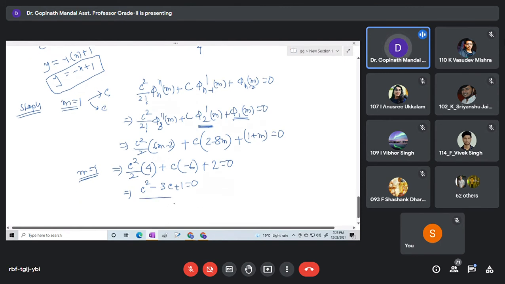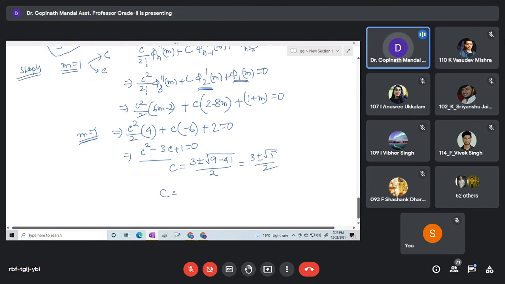This is a quadratic equation, so we get two values of c. Using minus b plus minus root of b square minus 4ac over 2a, c equal to (3 plus minus root 5) by 2.